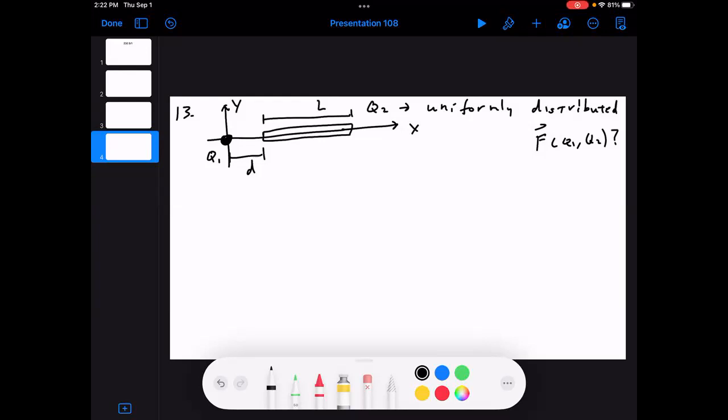Point charge, Q2. I'm really sorry. Let me be vague about this.